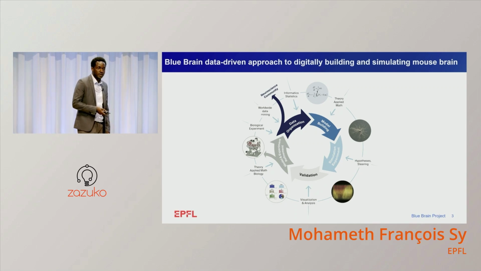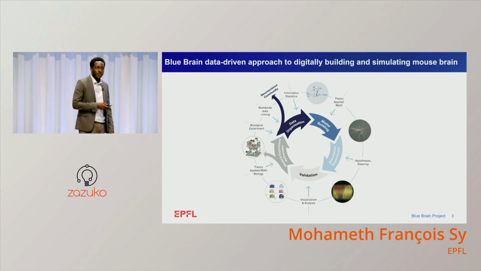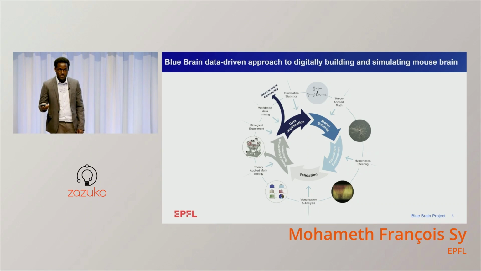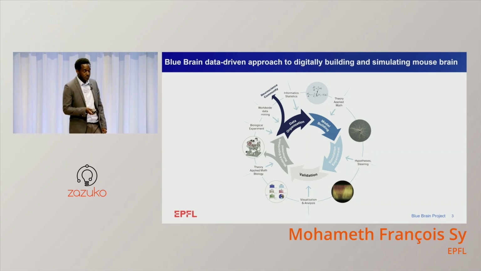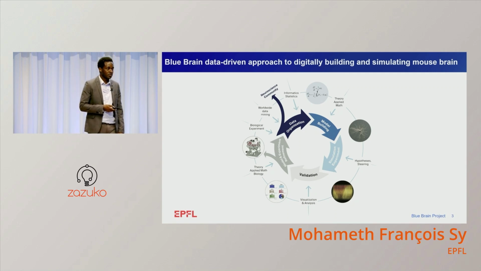We use a data-driven approach, following this high-level workflow. The first step is data organization, acquiring data about cells in the brain, such as the 3D shape of neurons and electrical behavior, building models out of that, simulating the models, validating those models, analyzing the simulation results, and then hopefully refining and making some publication back to the community.